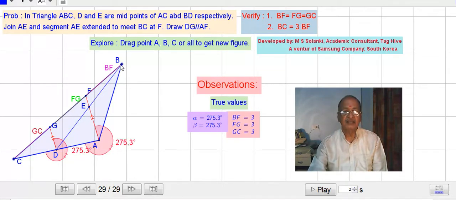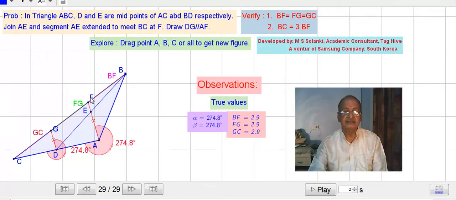When reflex angles are equal, means these two segments, that is AF and DG are parallel, and value of BF, FG and GC, they are equal. So in this verification, with the help of this software, we have verified.